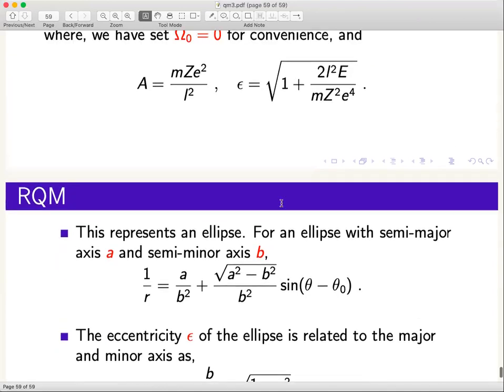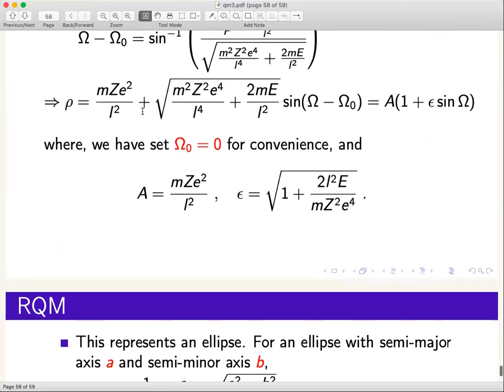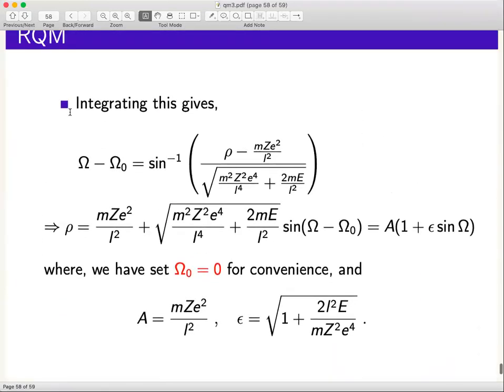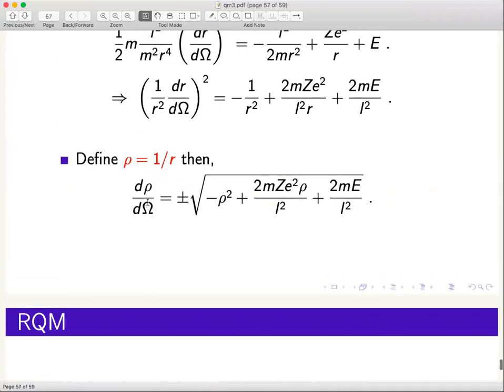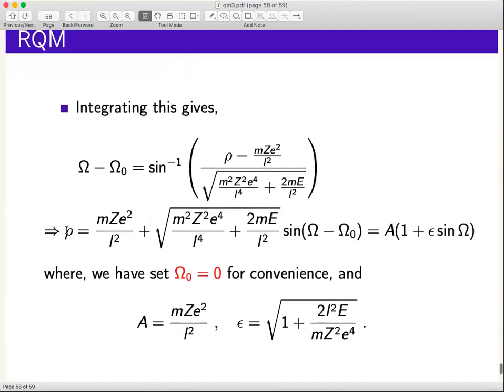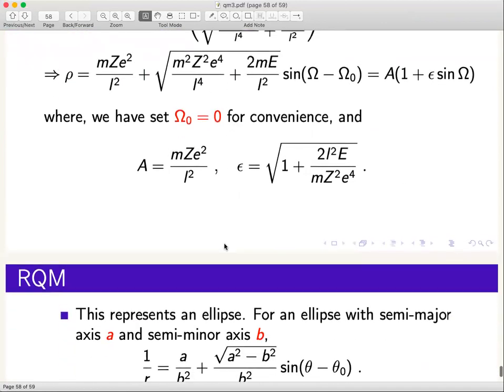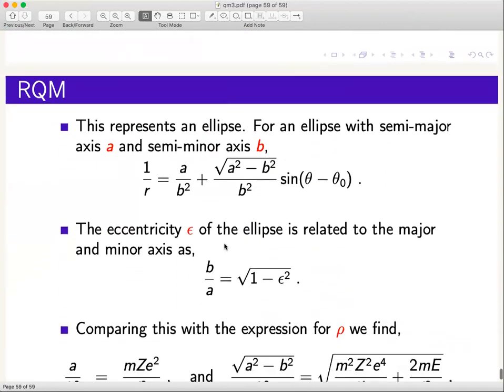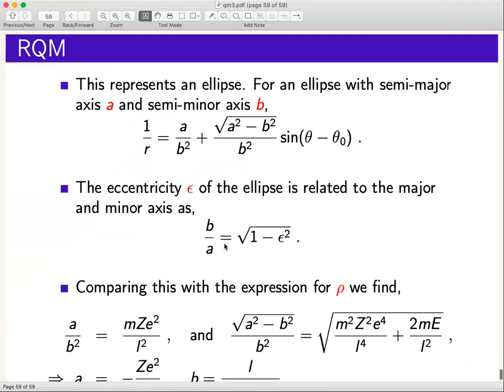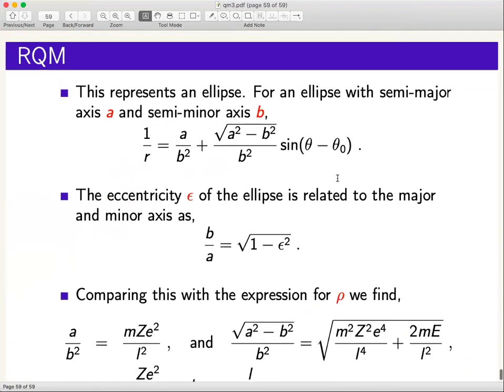Now this is pretty much like this expression, because recall that rho is actually 1 over R. So if you substitute 1 over R here, then this expression has a form which is identical to the form that we have used for describing an ellipse. Is this okay?